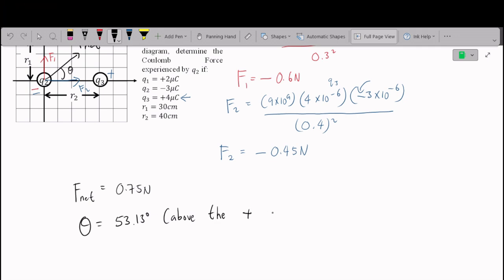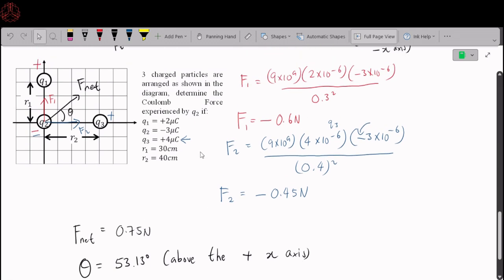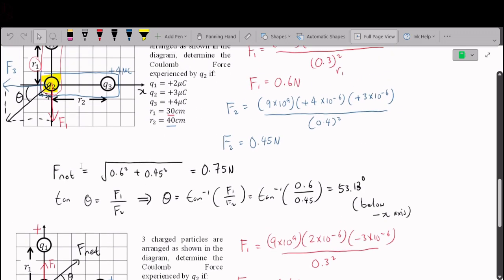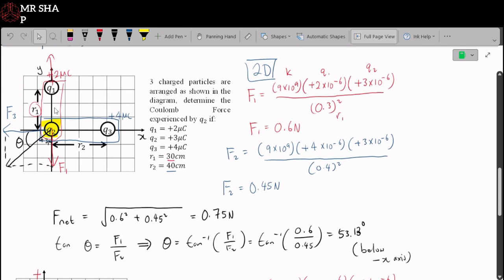So I hope that clears things up on how we treat Coulomb's law problems in 2D. This can be very complicated if it involves multiple point charges, so it's so important to draw it out.